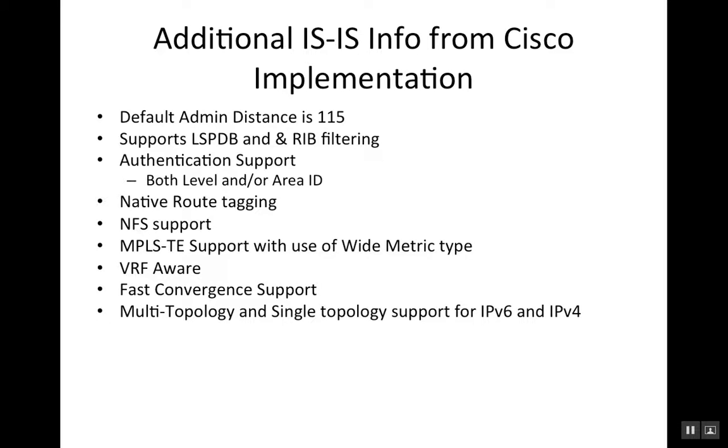multi-topology and single topology support for IPv6 and IPv4. What that means is that you can actually have a single topology for both your IPv6 and IPv4 routes. That way you don't actually have to establish an IPv6 data plane in order to exchange IPv6 routes.